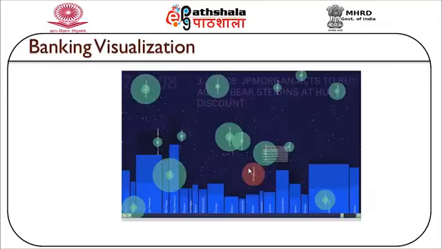Here is a visual that shows JP Morgan's move to buy the ailing Bear Stearns at huge discounts. It has been visualized using a bubble chart as well as a bar graph.